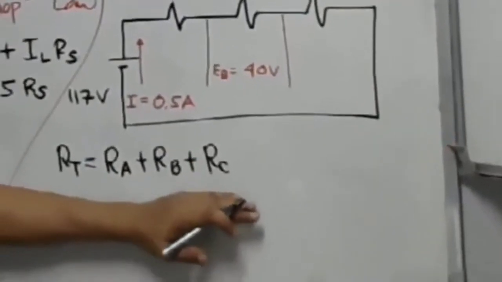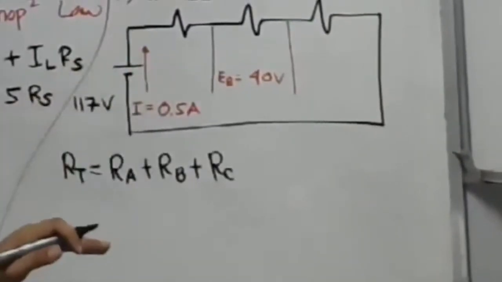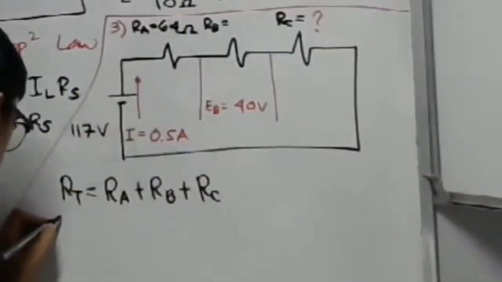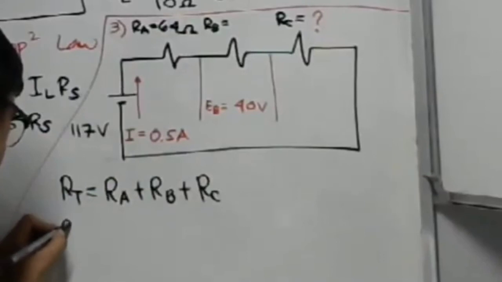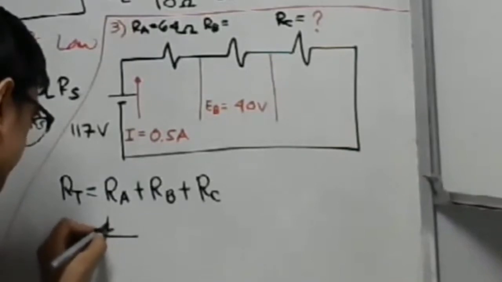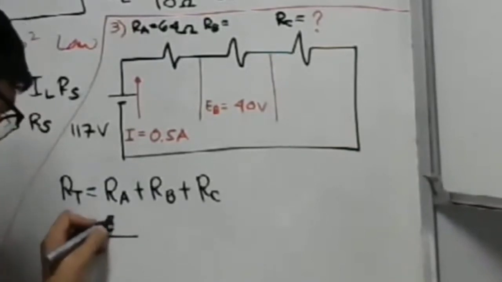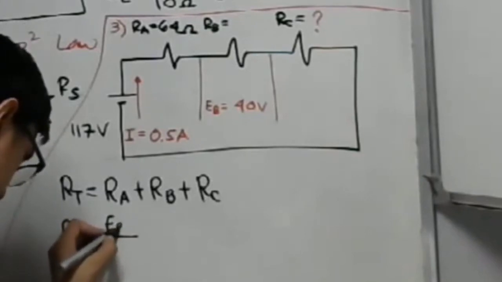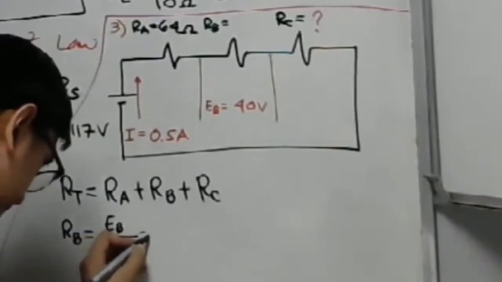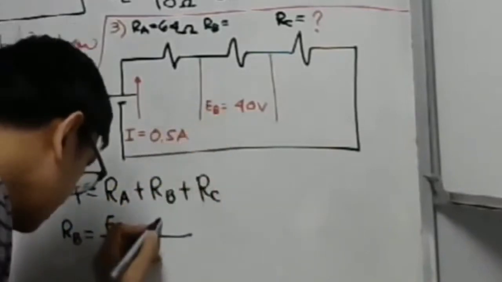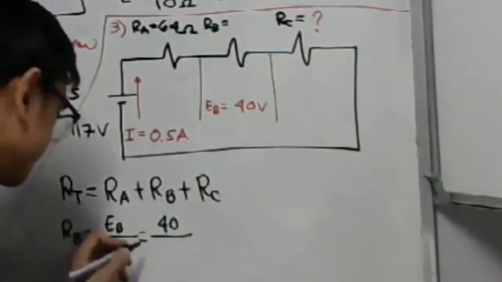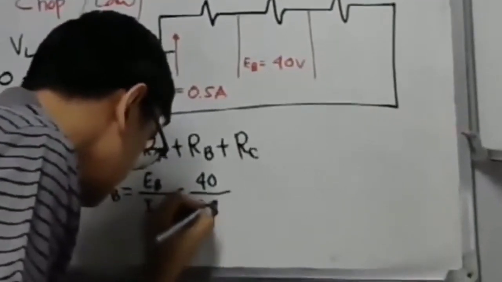Okay? Our working formula. Now, let us get the value for our RB. We can calculate RB by Ohm's law, that is equal to E sub B, sometimes this is V, the E signifies the voltage, over the current at resistor B. Our EB is equal to 40 volts, and the current is 0.5 ampere.